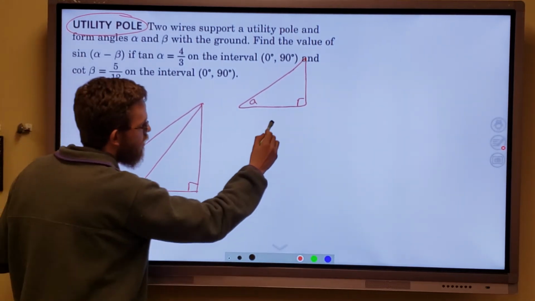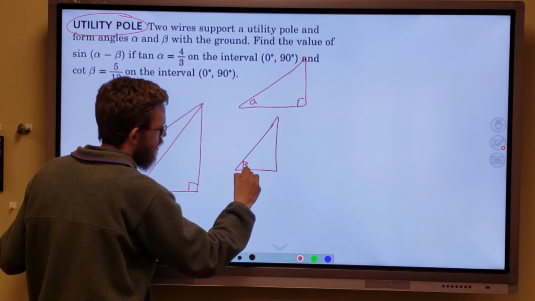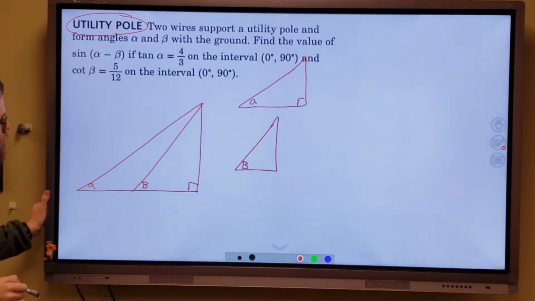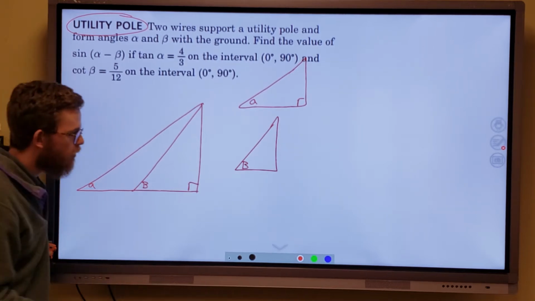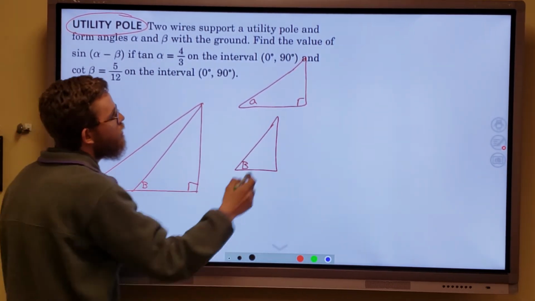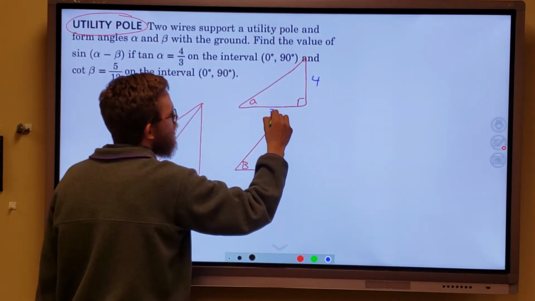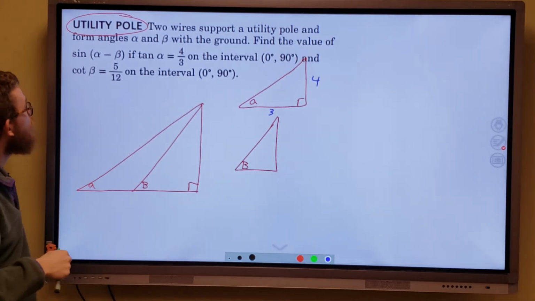We also have this triangle right here, which has angle B. When we start to see these as triangles, tangent of A is 4/3. Tangent is opposite over adjacent. Cotangent of B is 5/12.